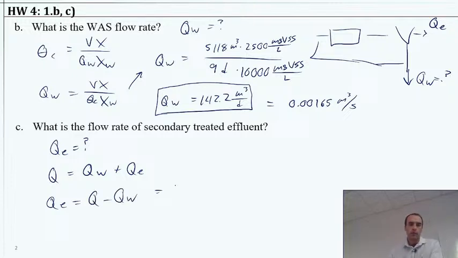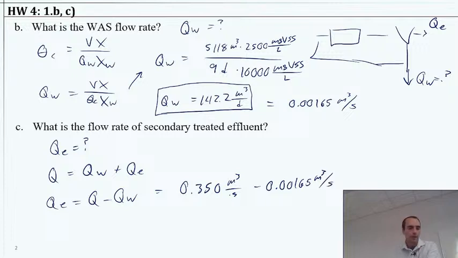And now it's a little bit handy that I put it into cubic meters per second, because we can simply say that's 0.35 cubic meters per second coming in minus that 0.00165 cubic meters per second leaving in the waste. And so Q effluent, the treated amount, is 0.348 cubic meters per second. So that makes a lot of sense.